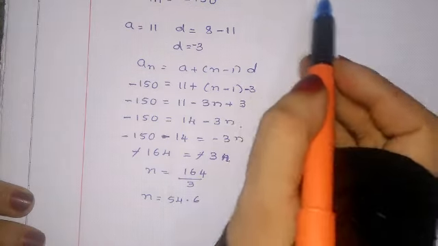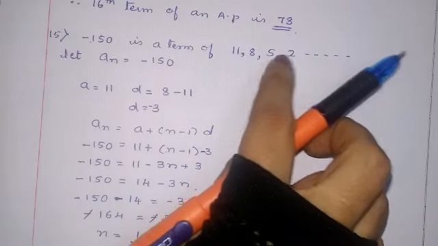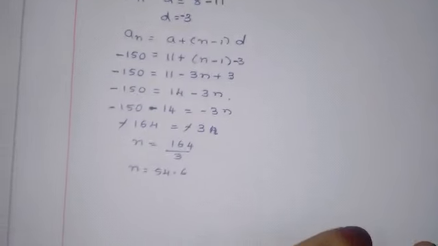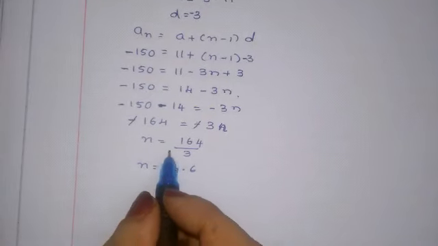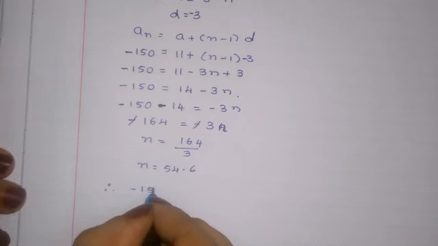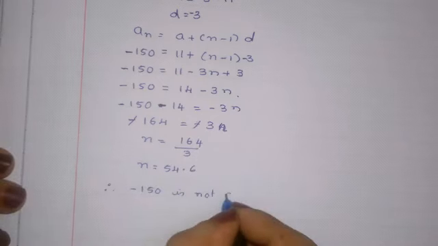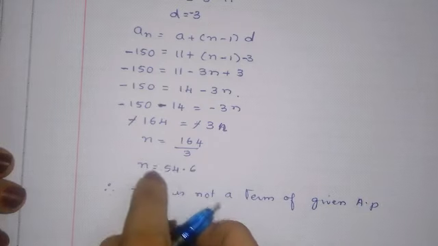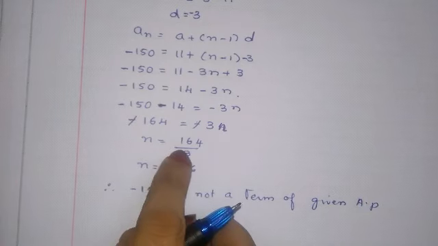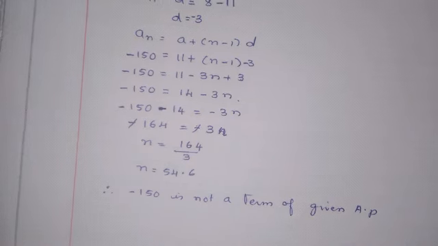As n cannot be a decimal or fraction, therefore minus 150 is not a term of the given AP. Now the next question.